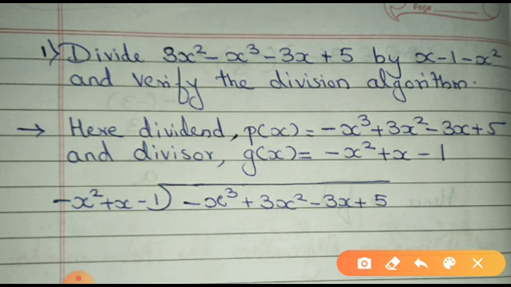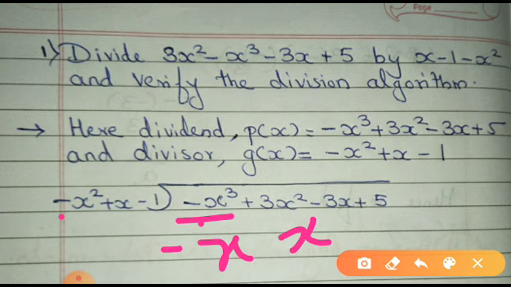Okay. Now see the sign. Now here it is minus x square. I need it as minus x cube. So should I multiply with minus x or should I multiply with x?